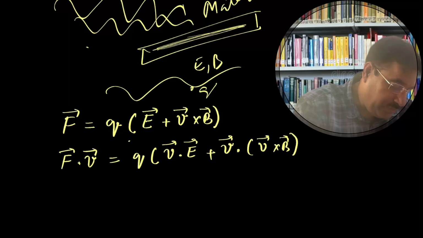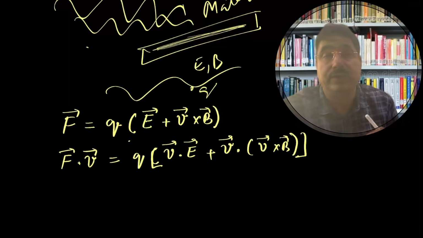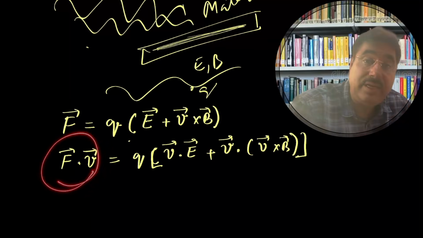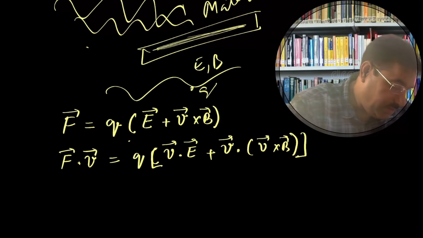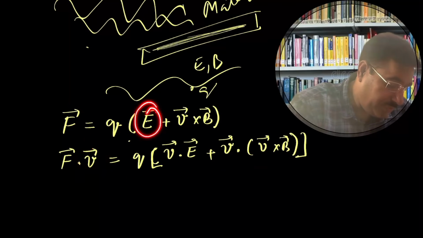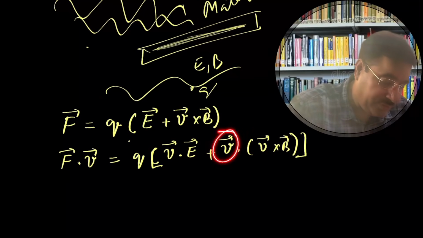So what I am doing is nothing but taking dot product with the velocity on either side. Dot product of force with the velocity will give you the power delivered to the charge, and you multiply with the velocity on the right hand side as well. So here is the dot product of E with v, and here is v cross B, and I will take dot product with v.